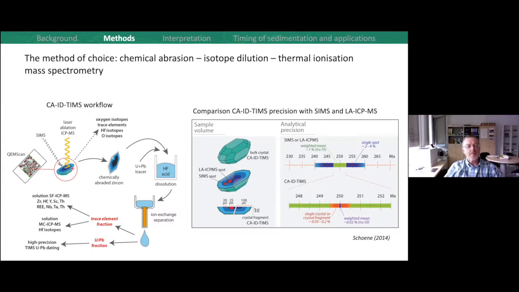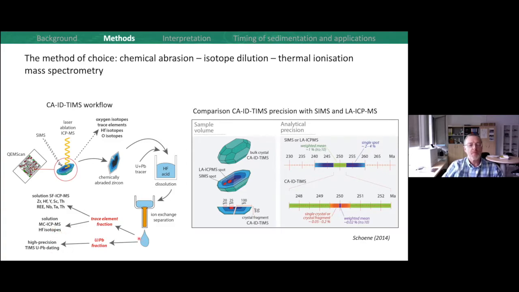But then ultimately we decide that we want to analyze this zircon. We pluck it out of our epoxy mount, we do our chemical abrasion, we add our tracer, put them in an oven under pressure and dissolve this zircon. Separate uranium and lead, and then we can analyze the isotope compositions of uranium and lead, and via the tracer composition, we can calculate the concentrations.